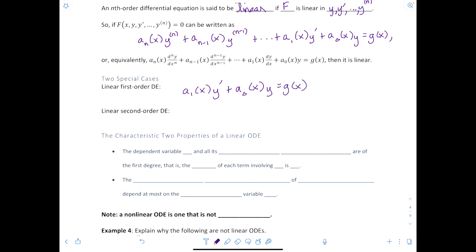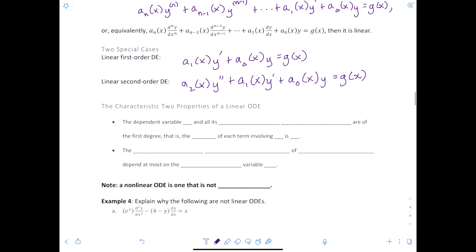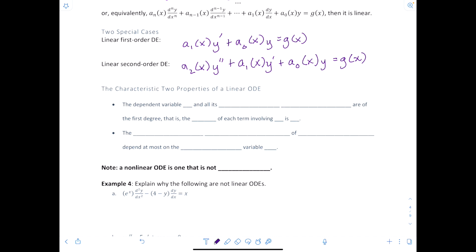And what do you think we'll have for the linear second order differential equation? Awesome. A sub 2 times x times y double prime plus a sub 1 times x times y prime plus a sub 0 times x times y is equal to g of x. Cool? All right. Now, the two characteristic properties of a linear ODE.